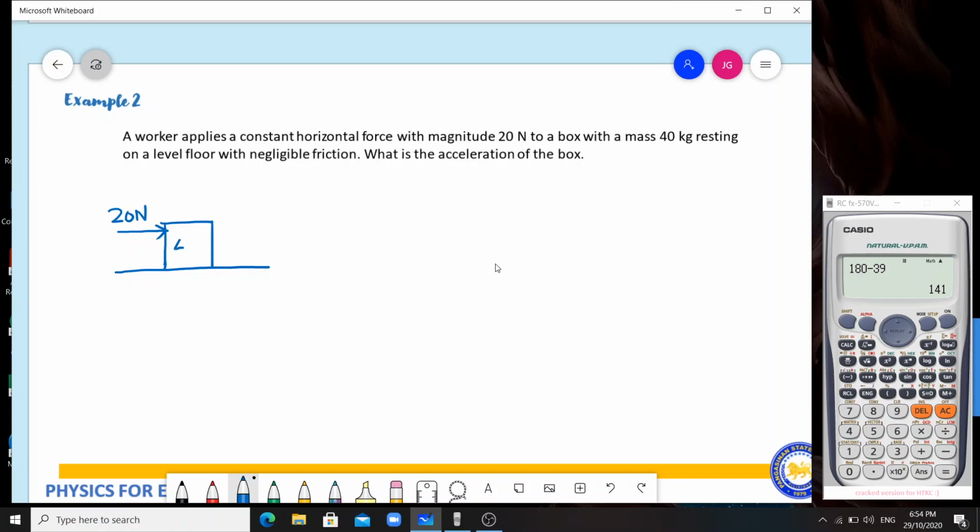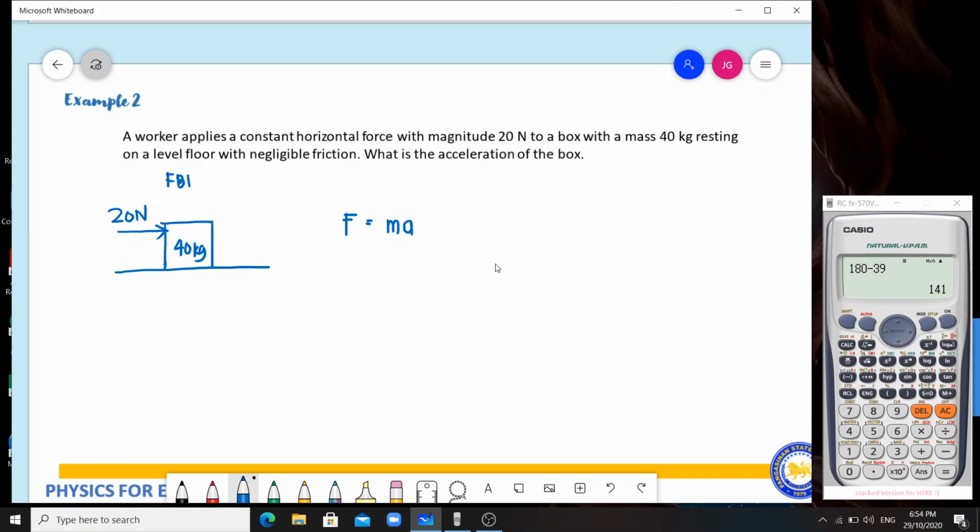Tapos, ang box natin is 40 kilogram. Okay? What is the acceleration of the box? So, dahil meron siyang binigay na force, okay, then it is equivalent to MA.